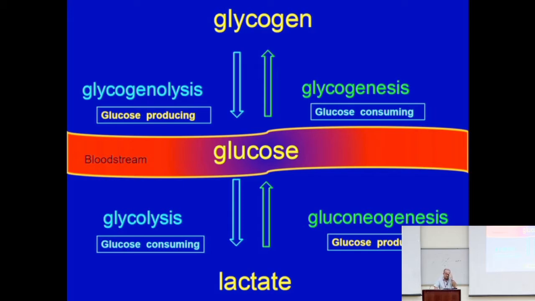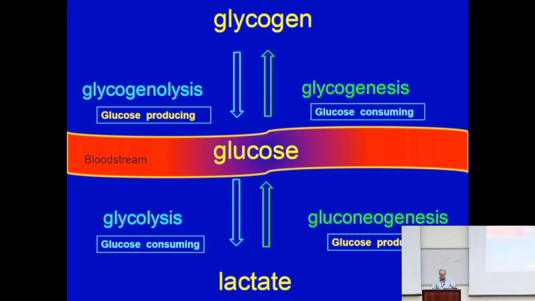So I'm going to start with 2 processes that use glucose. Here's glucose in the blood. It goes into the tissues. One of the ways you can use glucose when there's plenty of it is to store it. And where do you store it?